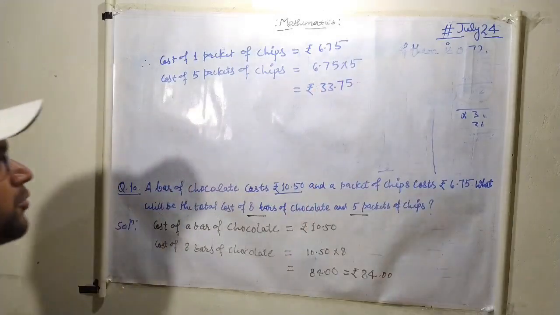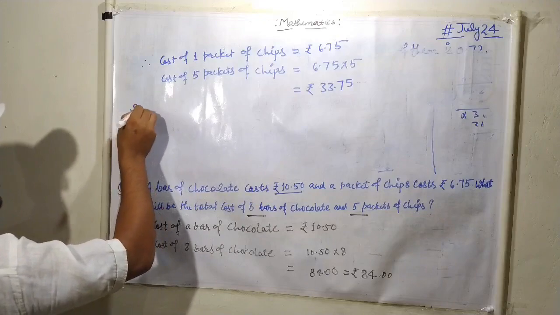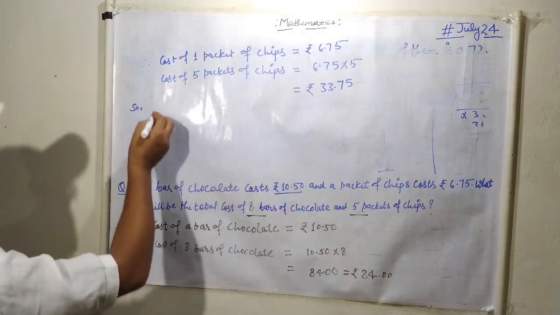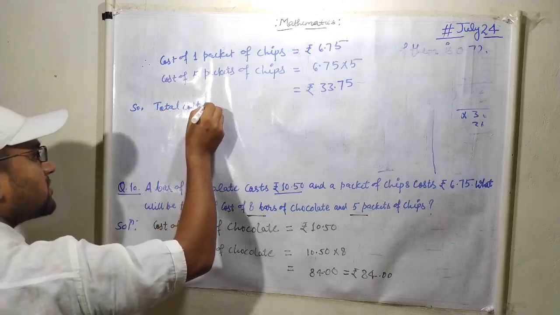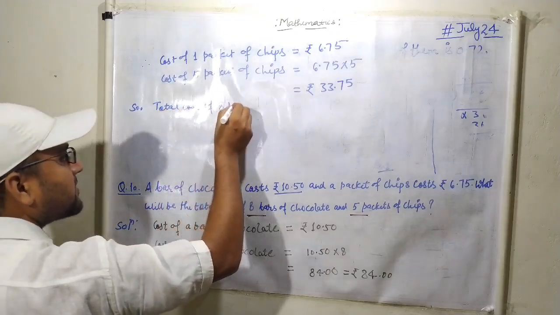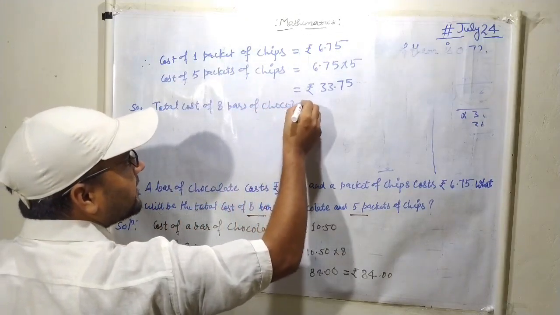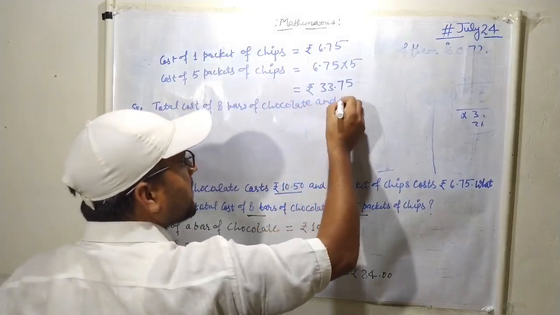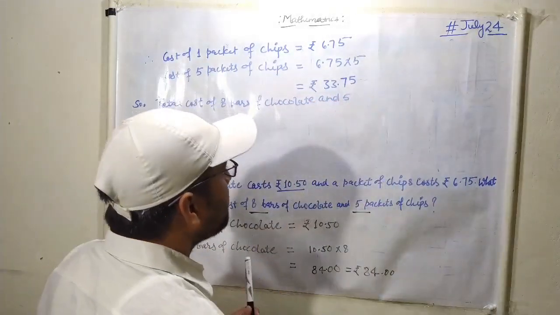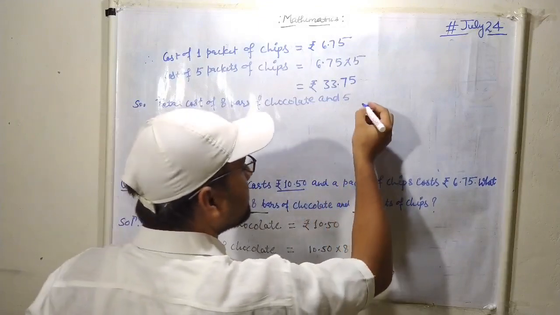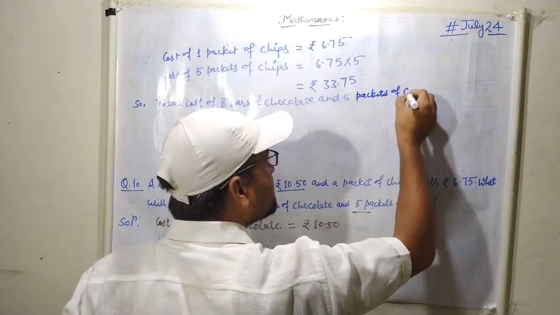You will get 33.75. Your question asks for the total cost, so the total cost of 8 bars of chocolate and 5 packets of chips.